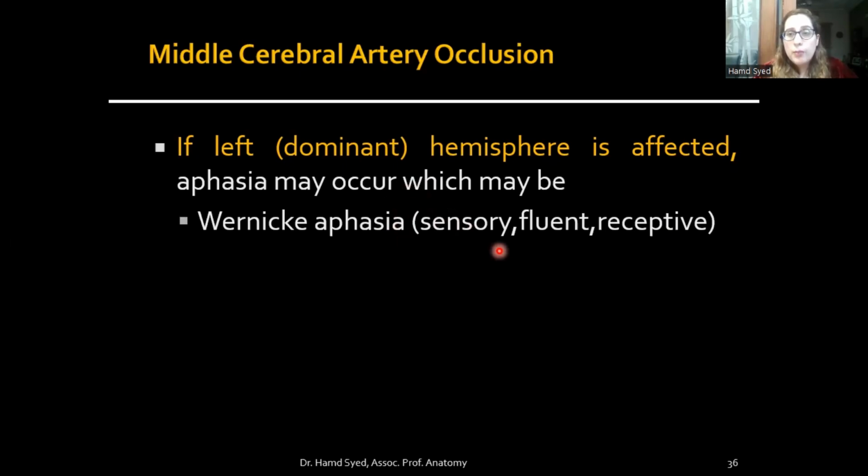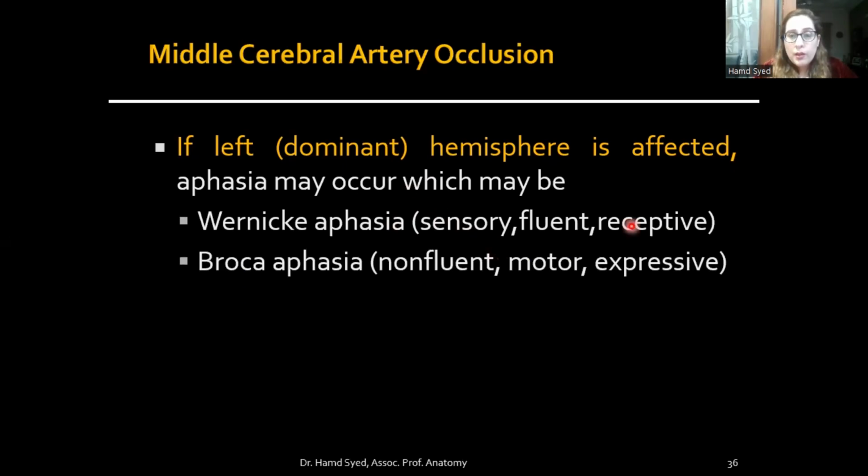Although the patient can produce words, the words are produced in a way which is known as a word salad, that is, in a large number, not making any sense, but the patient themselves are unaware of their condition, so they're not distressed. There might be Broca's aphasia, which is due to the involvement of the motor speech area.